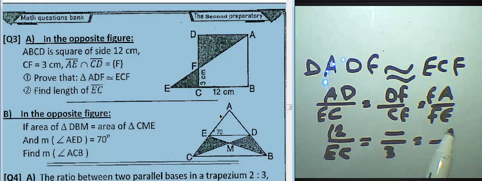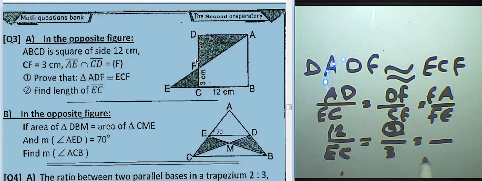And for DF, look again: DF equals 12 minus 3 because DC equals 12 centimeters, as all sides are equal in a square. Then DF equals 12 minus 3 equals 9.